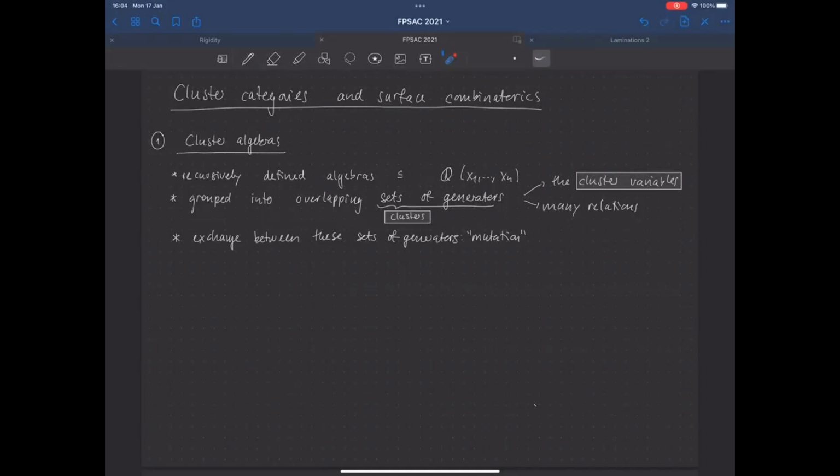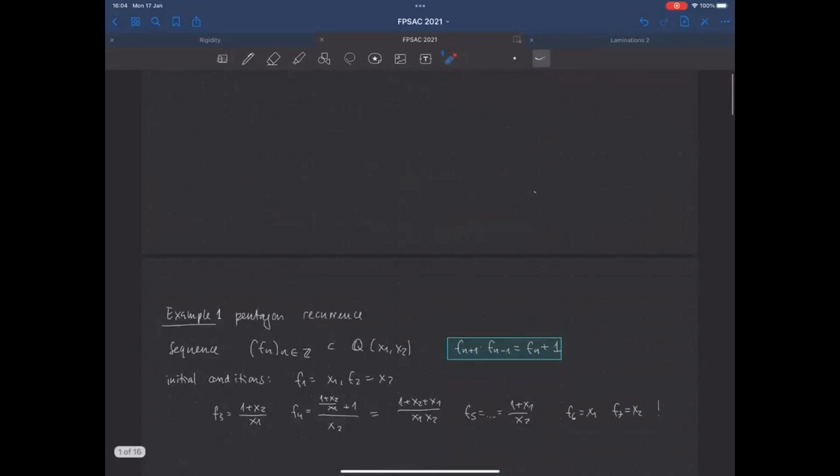That was in the 90s, and that's when Fomin and Zelevinsky got interested in this topic. So cluster algebras are a framework to study both these phenomena, and they have produced a lot in different areas of mathematics and have answered some of the original questions, but a lot are still open.